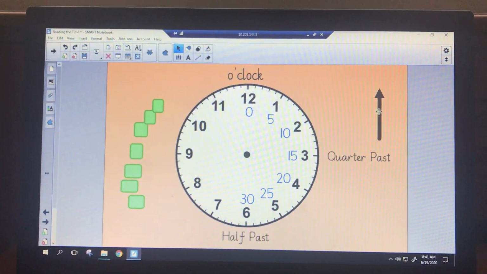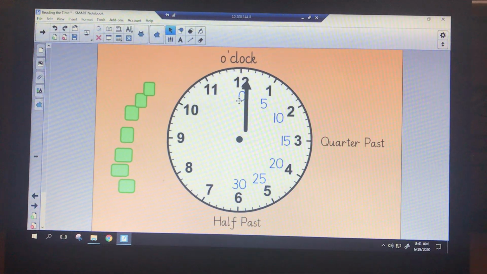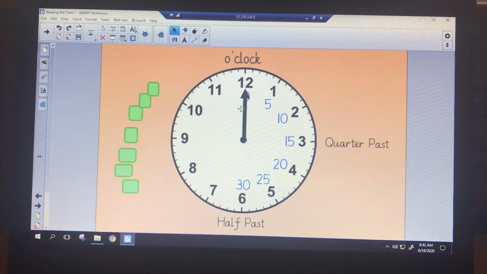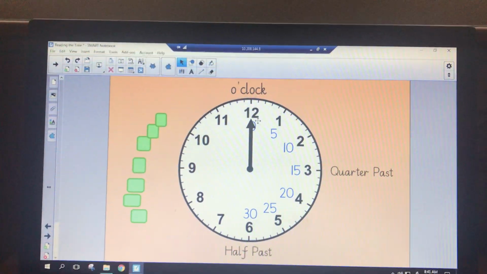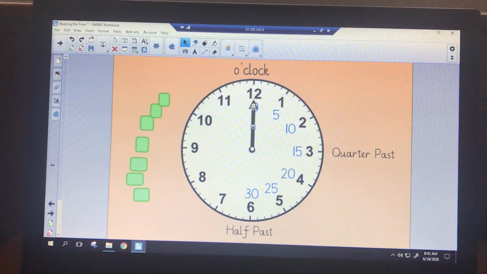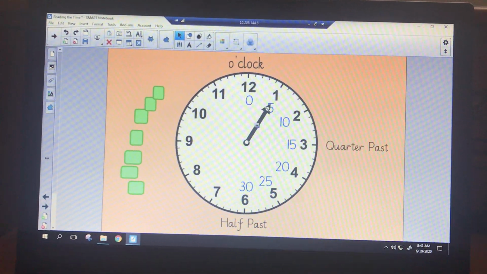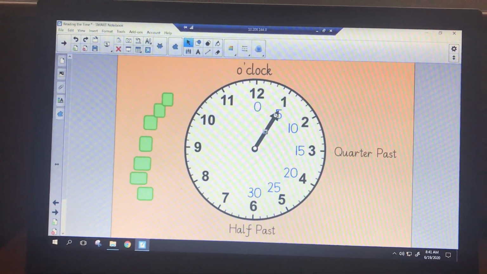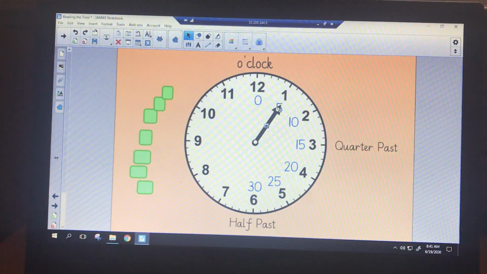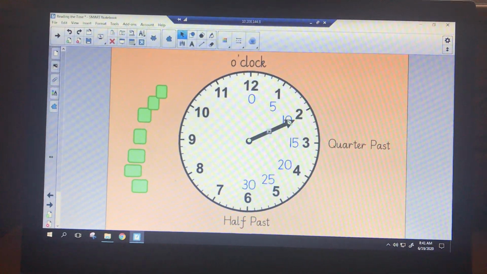So this hand here, this minute hand, I'm going to bring in and I'm going to point it at o'clock, at 12, which is 0 minutes past the hour. So if my minute hand is pointing at the 1, we would say it's 5 past. If it's pointing at the 2, we would say it's 10 minutes past.